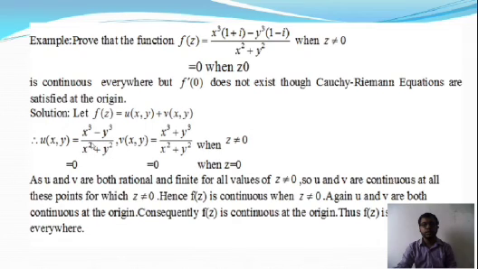When x squared plus y squared is 0, this expression is undefined, so it is not continuous there. So this function is continuous except at the point (0, 0). Consequently the function is continuous at the origin, thus f(z) is continuous everywhere. This is the continuity of the function f(z).